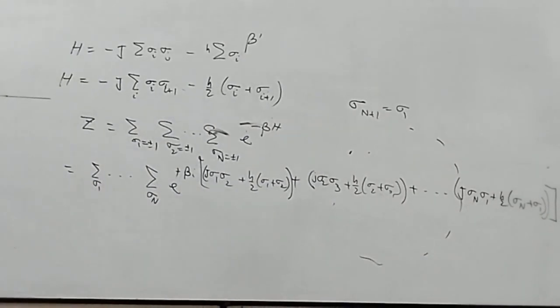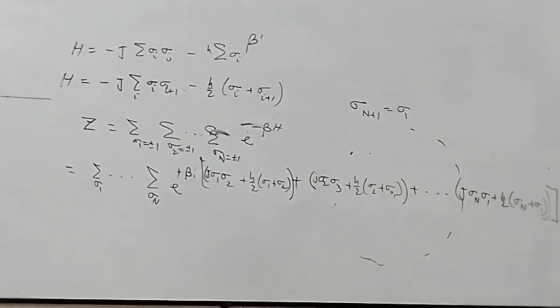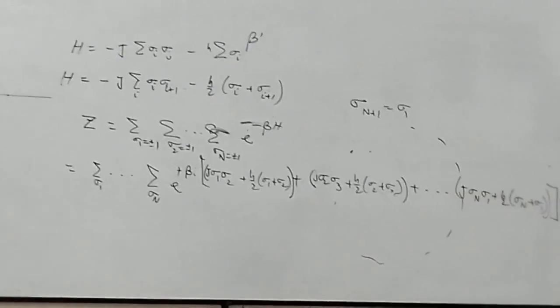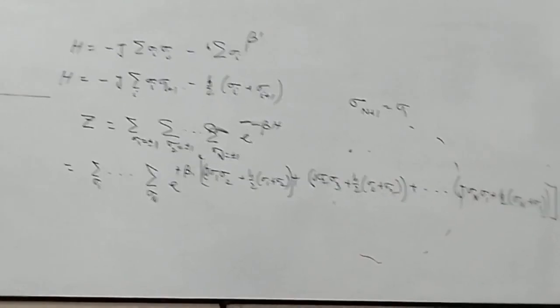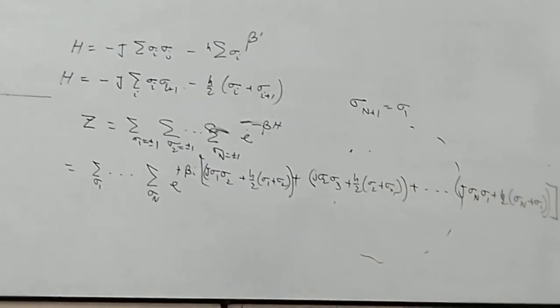Now, you see, I can define sigma 1 T sigma 2 equal to e to the power beta J sigma 1 sigma 2 plus h by 2 (sigma 1 plus sigma 2).